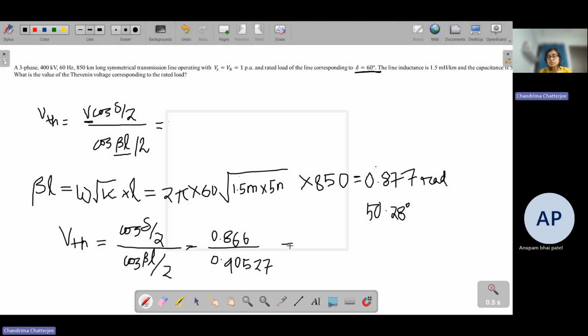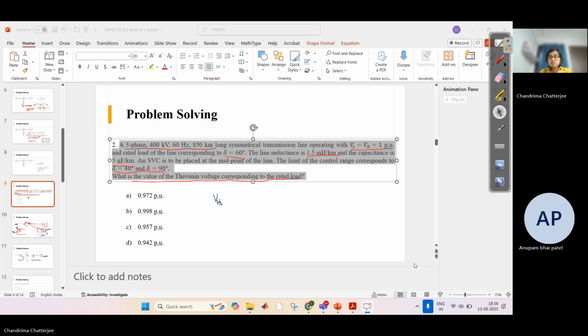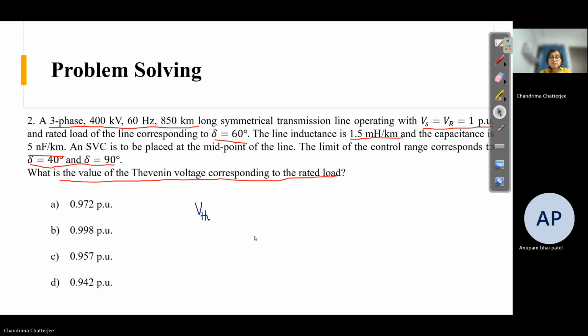So the Thevenin voltage is 0.9566 per unit. So the correct answer is option C, 0.957.